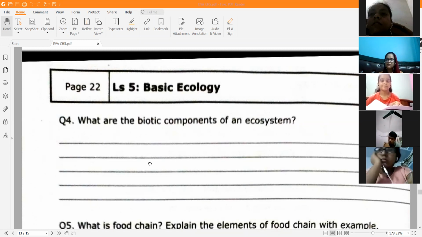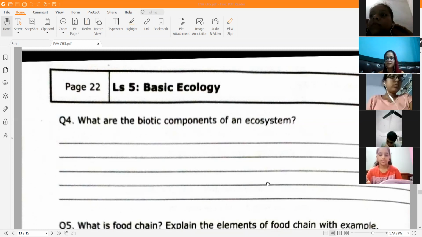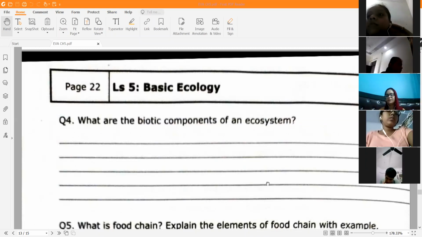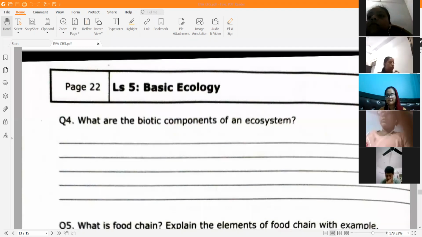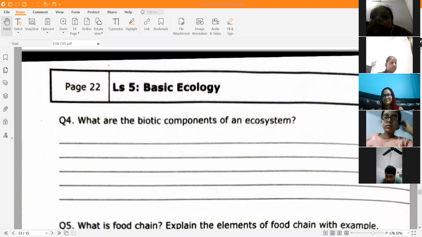Neha, can you tell me? From page 46, just don't read the definition, just tell me how will you explain the elements of food chain. Wait, Gauri, let Neha answer. She was lost somewhere, that is why I asked her.